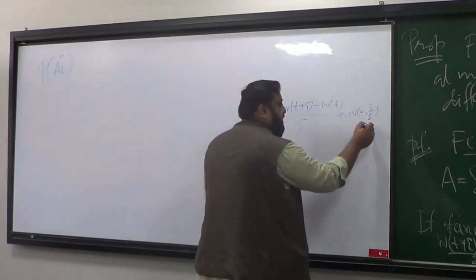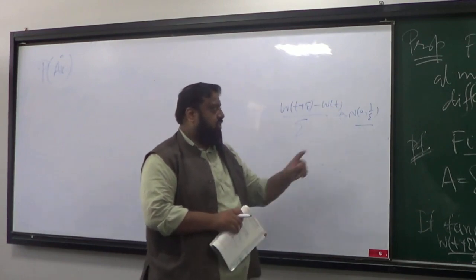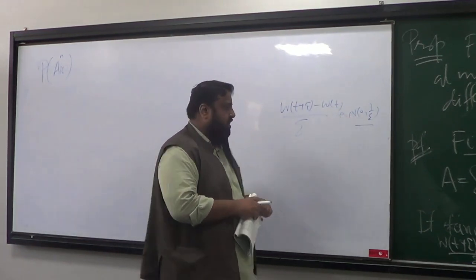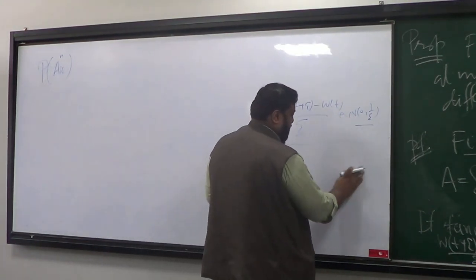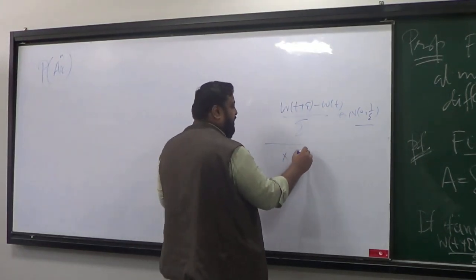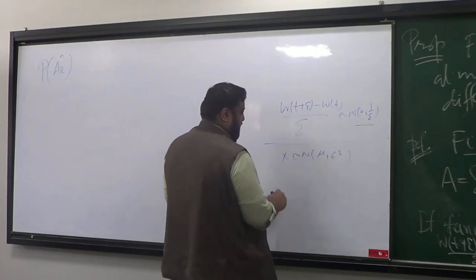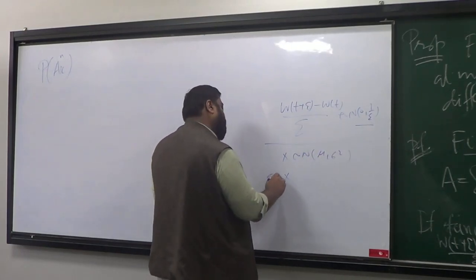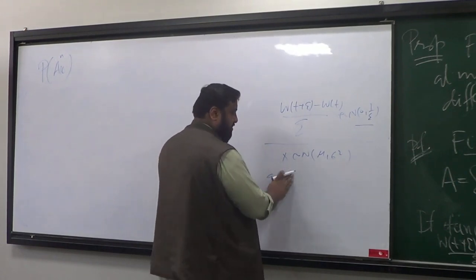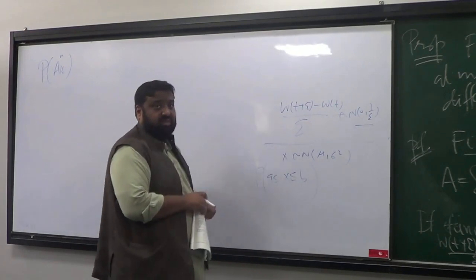Now I have a random variable whose distribution is this. Say X is normally distributed with mu and sigma squared, and X lies between two numbers a and b, and I want to compute its probability.